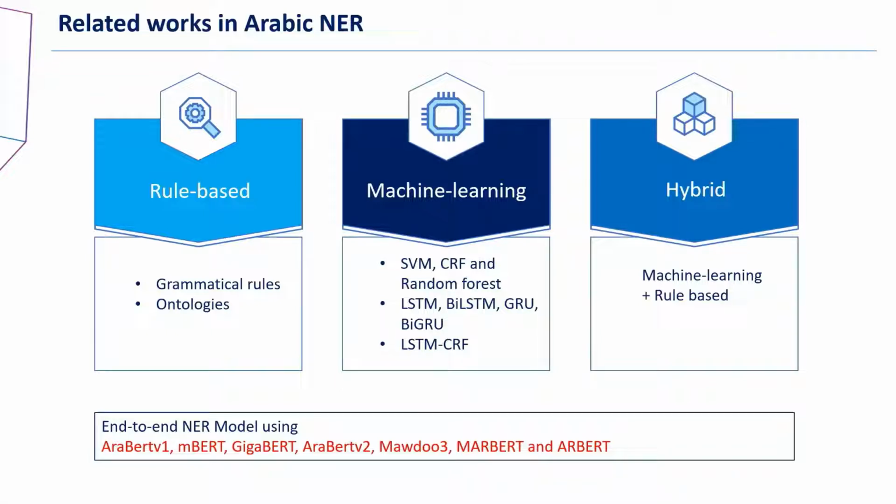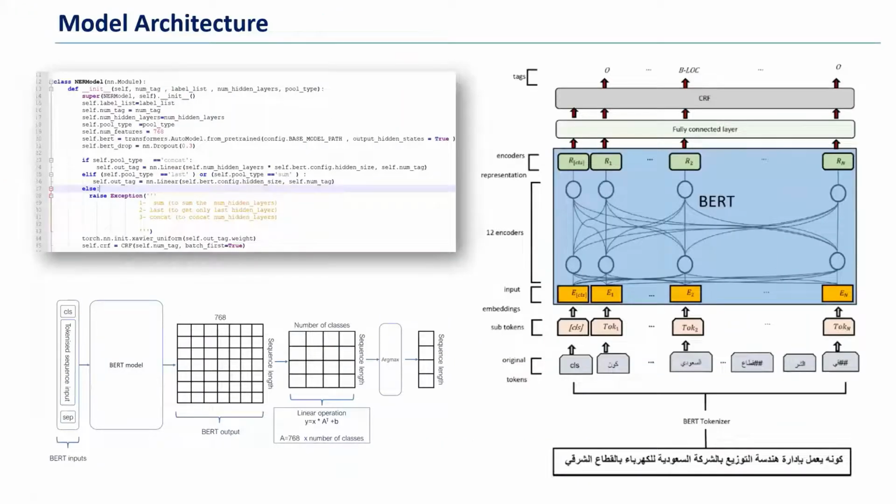All of them fine-tune their models to produce good NER results comparable with the state of the art. So we took some of these models, the best of them, and we built our simple architecture on these models.